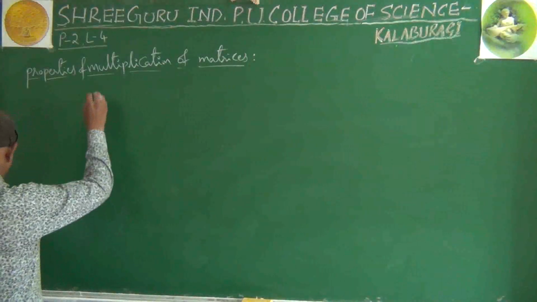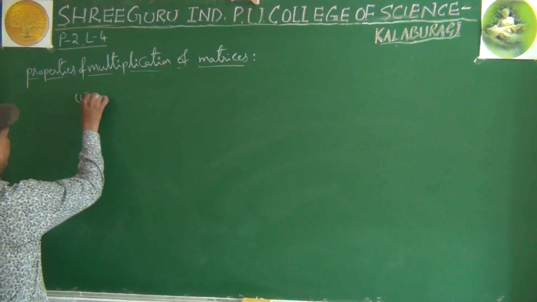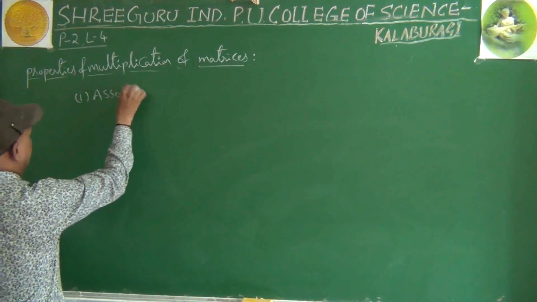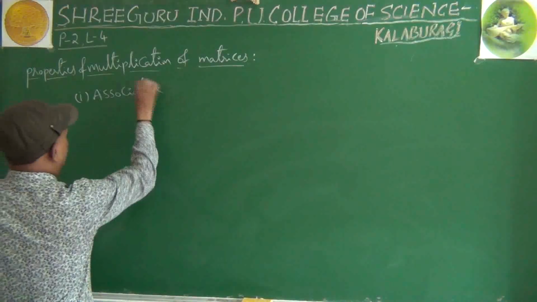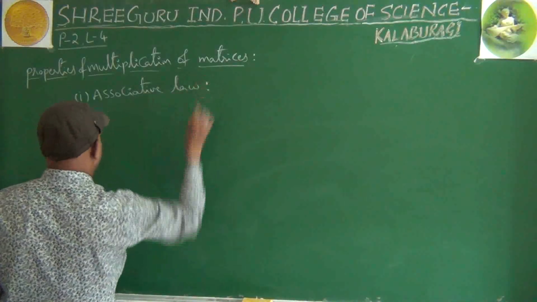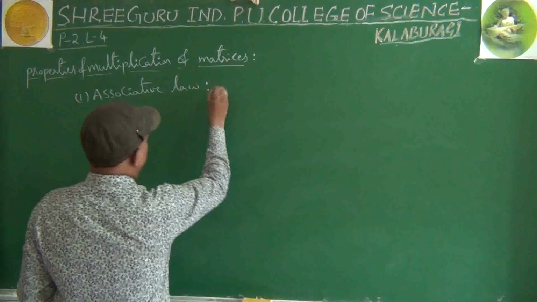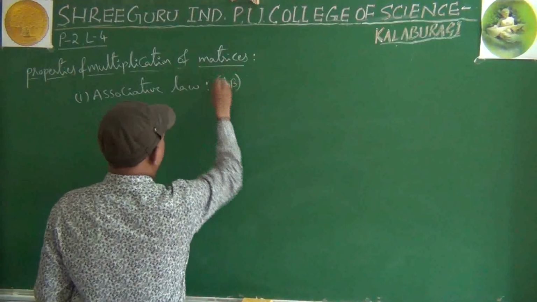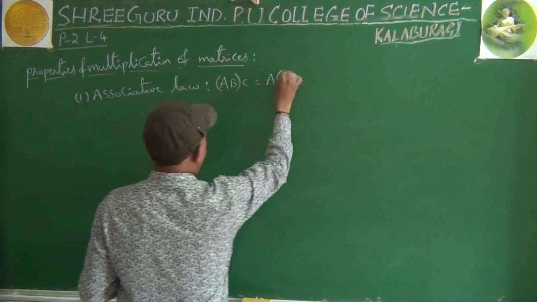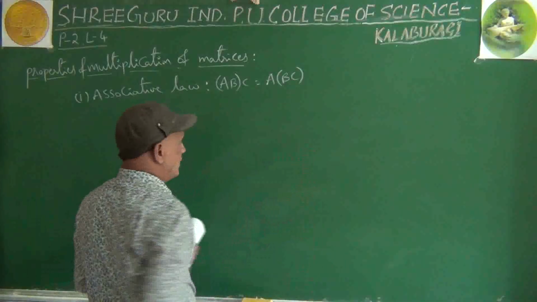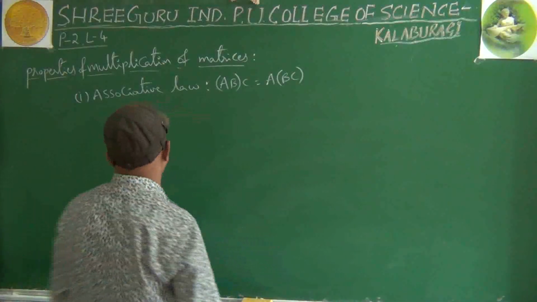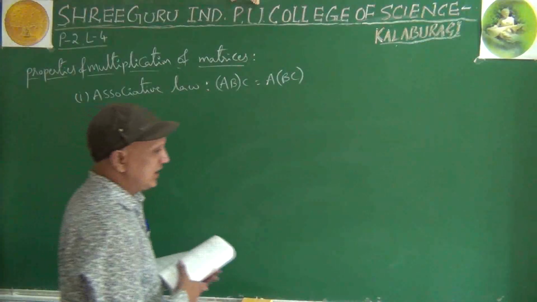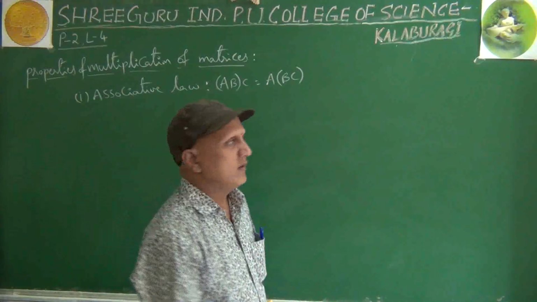First one, associative. The associative law is: AB into C, A into BC, both will be the same. One more thing, actually the commutative law will come first.